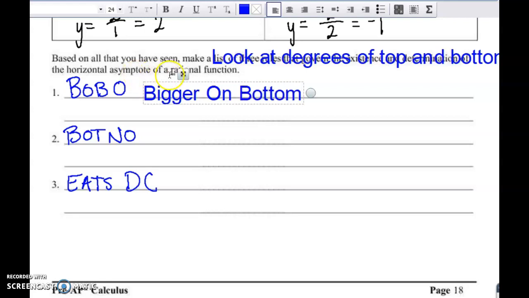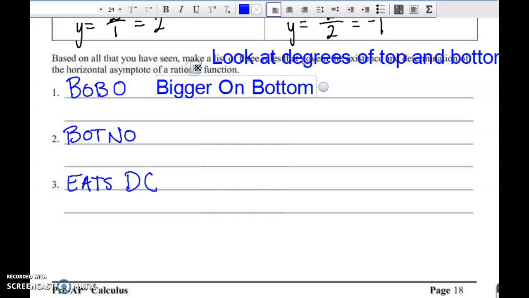So the degree is bigger on bottom, then y equals 0. So Bobo, the Bob part, means bigger on bottom, and this O means y equals 0. Again, it makes no sense to me, but it seems to help students, so we're going to go with this. So if Bobo stands for bigger on bottom, what do you think Botno stands for?